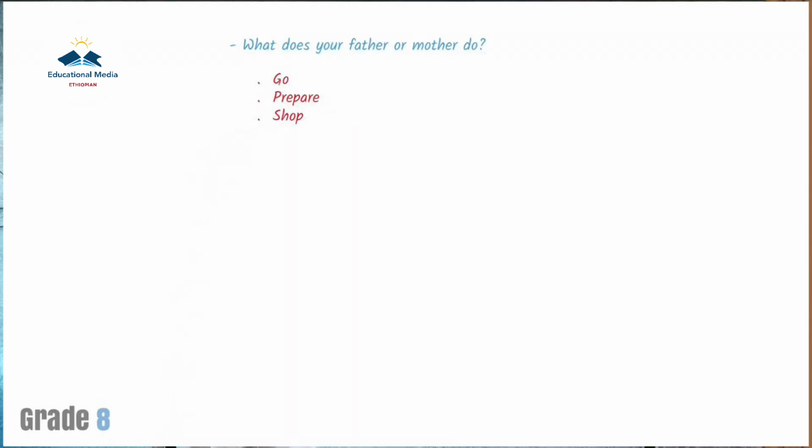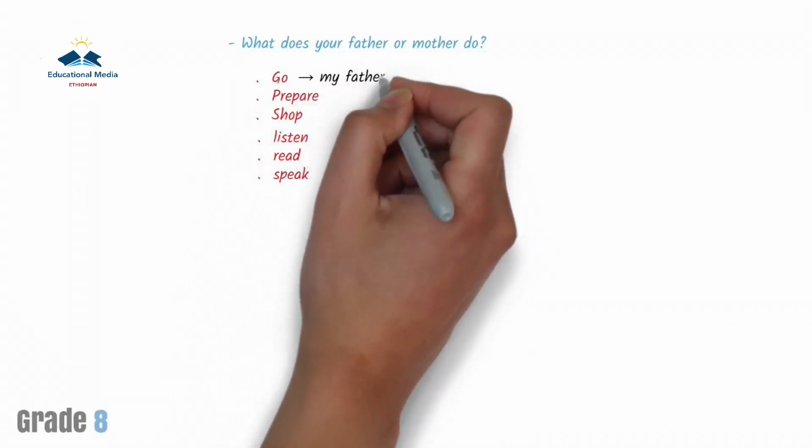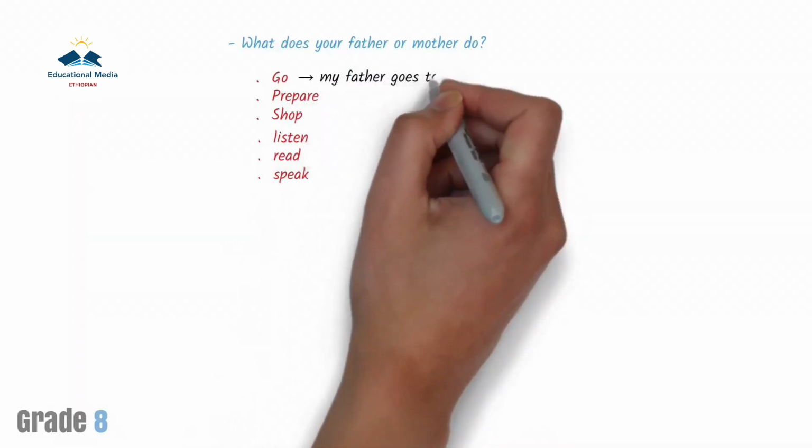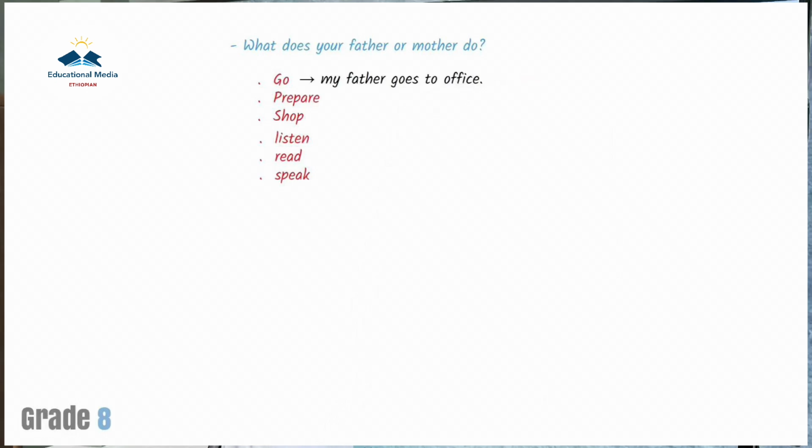Go is out. My father goes to office. See, my father goes to office. See, my father goes to working place. It's maybe working place. It's common for all, right? So these are the activities.